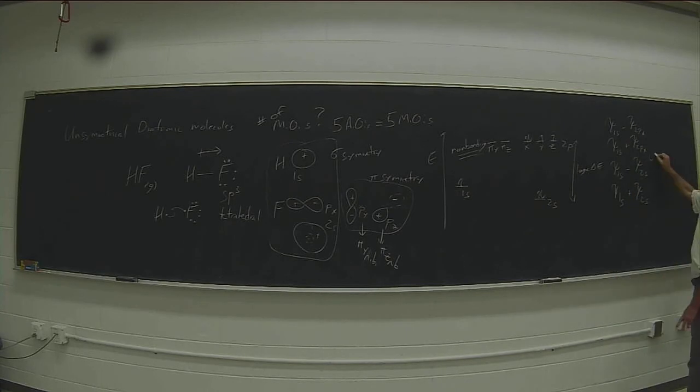This is four combinations though. And the rules of molecular orbital theory tell us that we can only make three molecular orbitals from those three atomic orbitals. So this is a problem. We can't have all four of these.